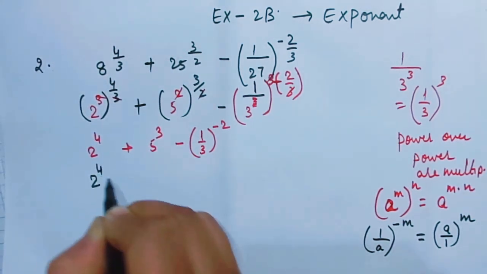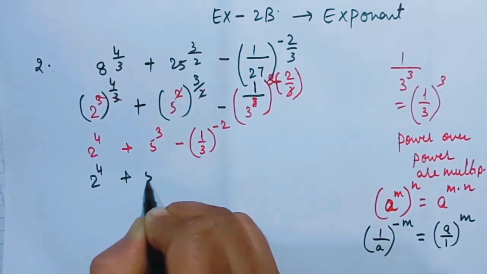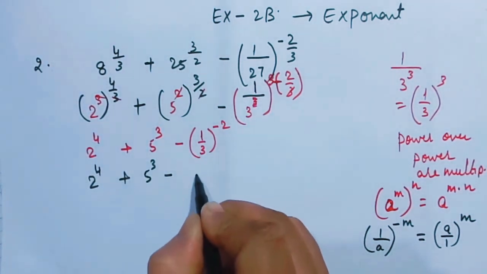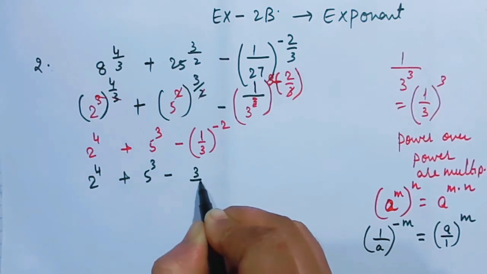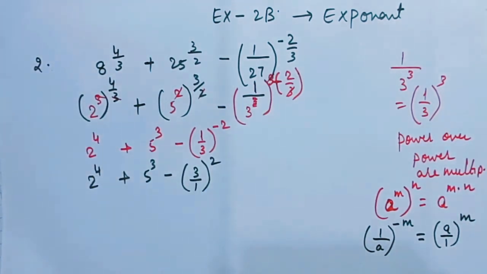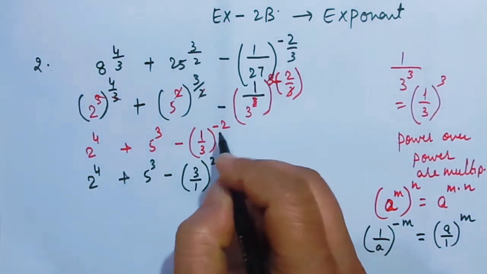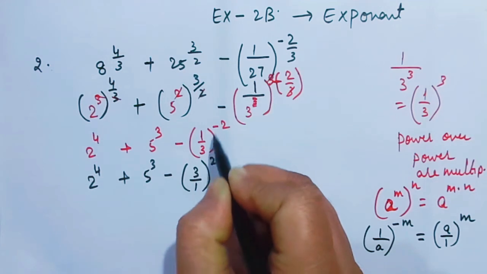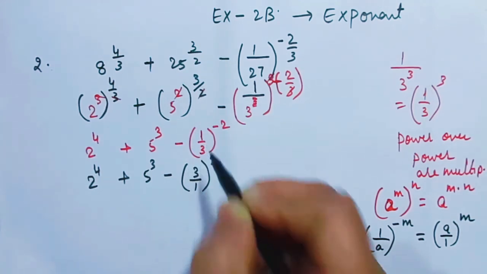So let's see. Let me write it again. 2 to the power 4 plus 5 to the power 3 minus, this will be 3 by 1 to the power 2. Once again, if you want to convert this negative exponent to positive, this one should be changed into its reciprocal form.